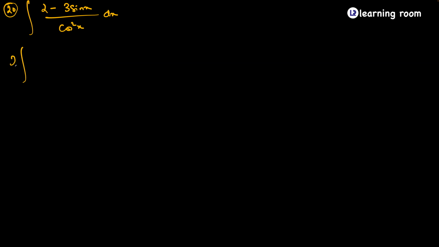So I'll always take the constant outside. 2 divided by cos square x: 2 taken out, 1 by cos square x is secant square x dx, minus, I'll take 3 outside, the integral of sin x by cos square x. Going forward, this should be in your mind. Sin x divided by cos square x can actually be written as secant x tan x. Why is it so? Because cos square x, you can write as cos x into cos x.